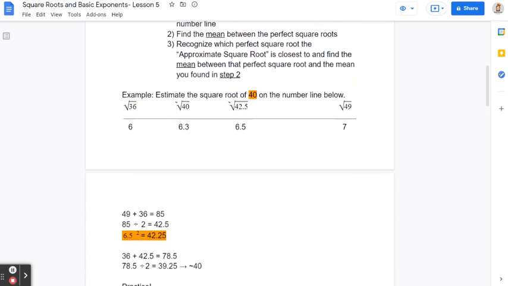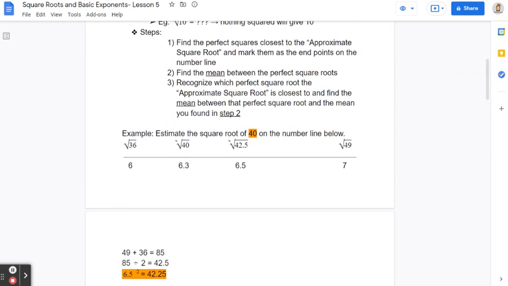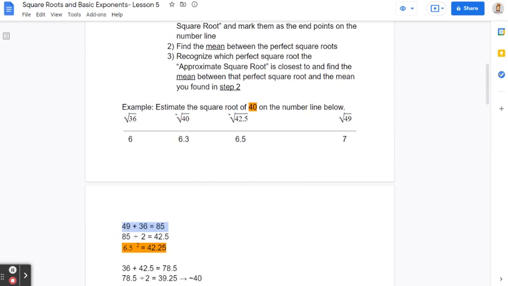So just as a quick review on what we just did, basically we first found the two perfect squares that were closest to 40. So that was 49 and 36. We found the mean by adding them and dividing by 2, and we got 42.5. We were finding the square root of 42.5, and that was 6.5.